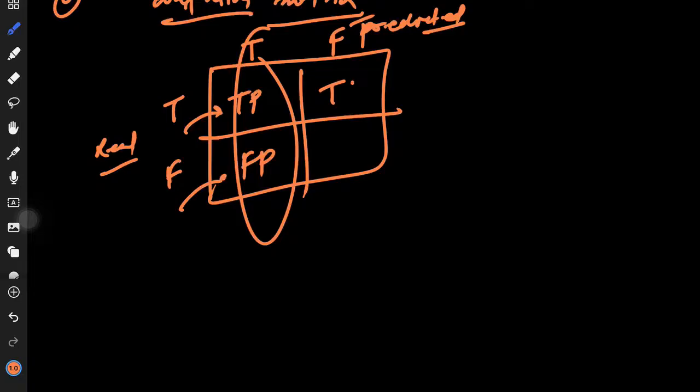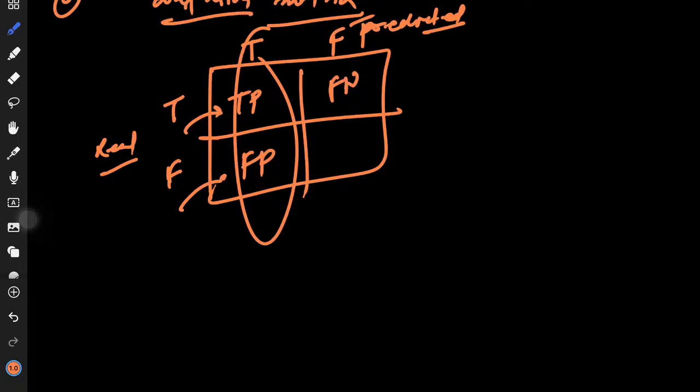Okay, so this one is known as false negative, because our model is giving a negative signal, but actually it is true, that's why it is false negative.